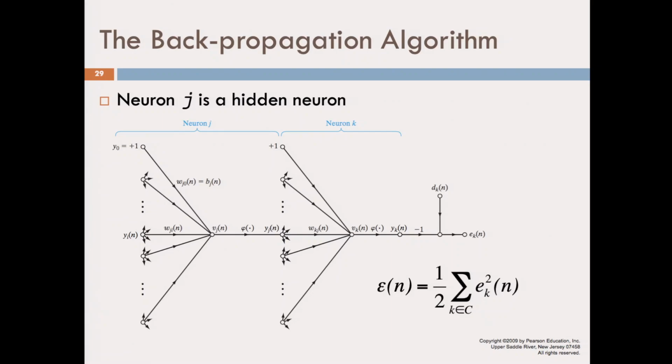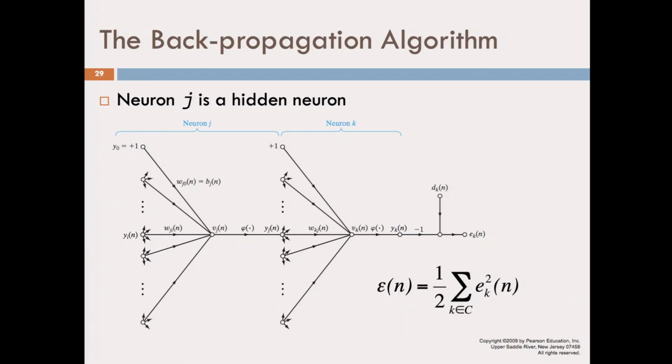Here you have an output neuron, and here you have a hidden neuron. For the output neuron, you just calculate the error. Nice. Calculating this error, you can calculate the local gradient associated to this neuron. So neuron J is connected to all the output neurons.